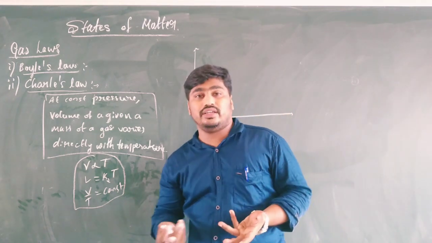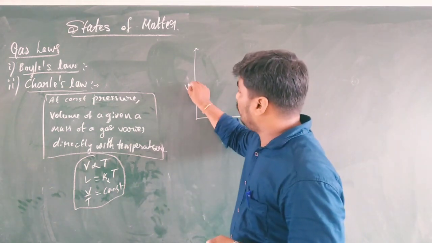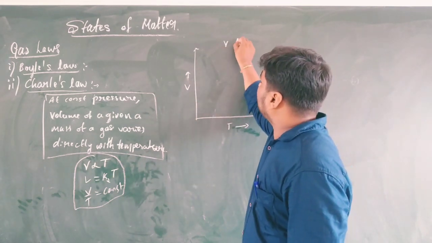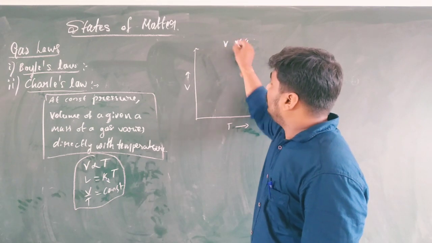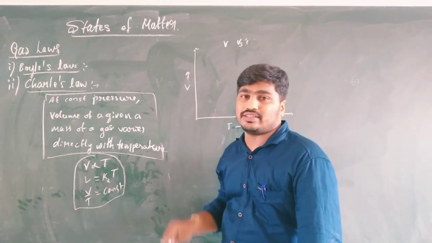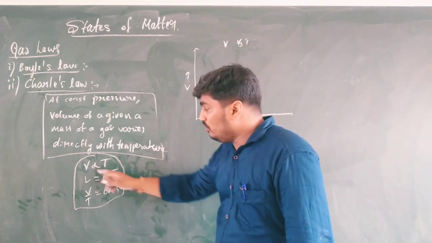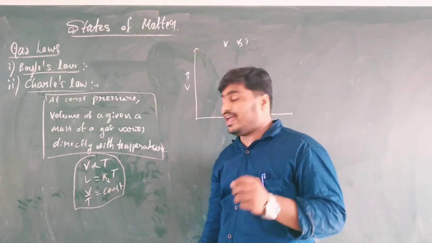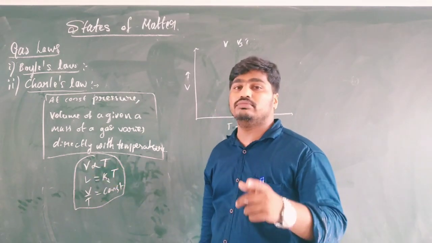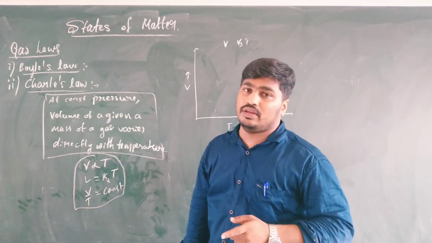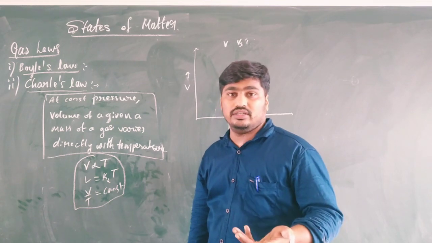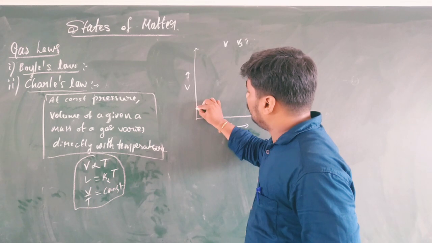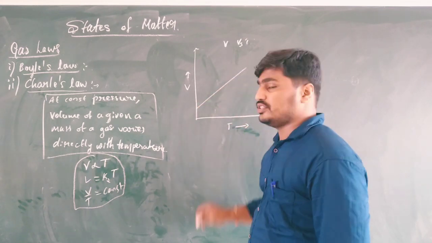You can consider it anywhere. I consider volume along the y-axis and temperature along the x-axis, a V versus T graph. How does volume vary with temperature? It varies directly with the temperature. Therefore, as temperature increases, volume increases. How? Directly. So there is a gradual increase of volume as the temperature increases.